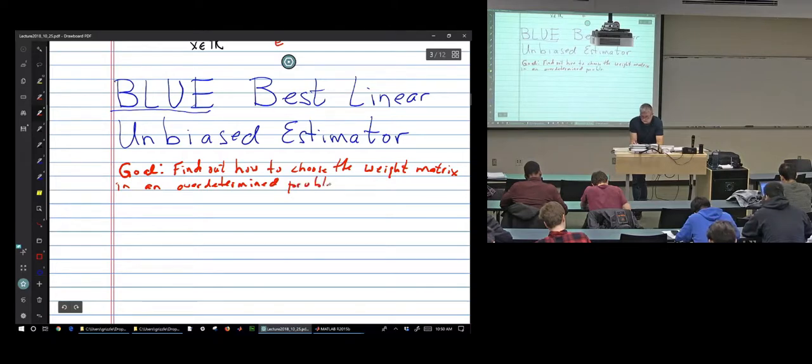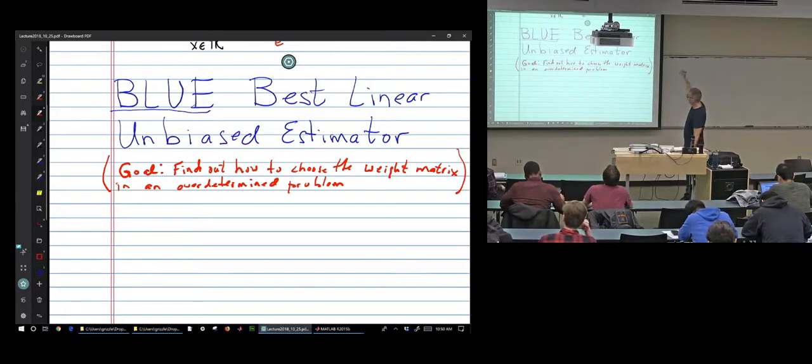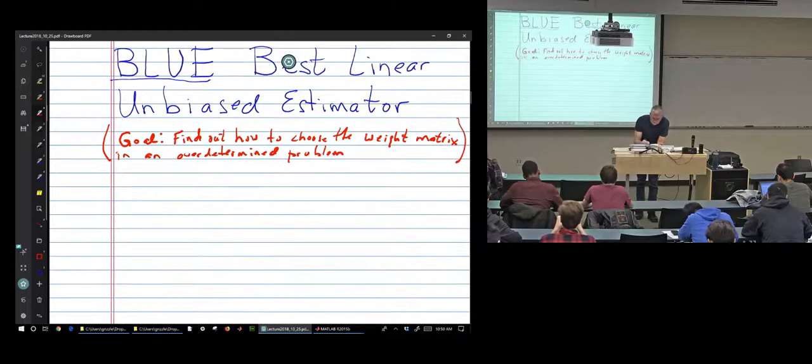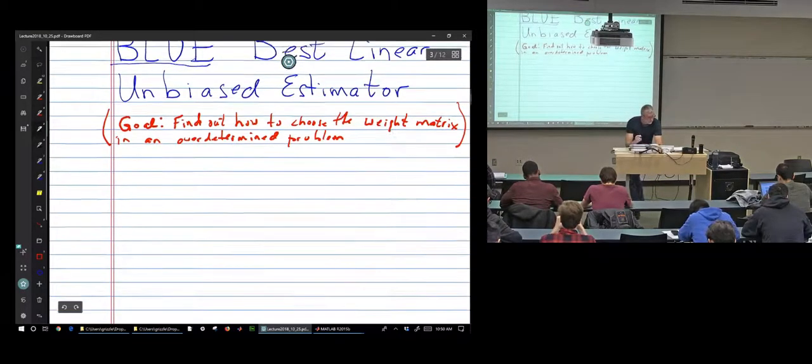So that's our secret goal. But first, let's just understand what the word linear means, what the word unbiased means, and what the word best means, and then we'll have a best linear unbiased estimator.